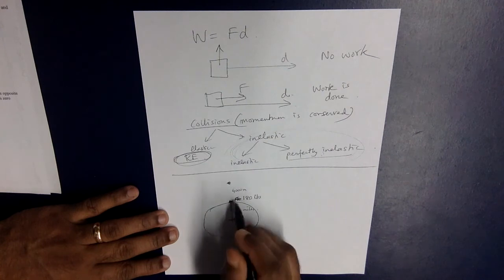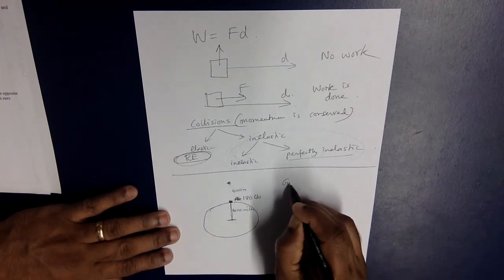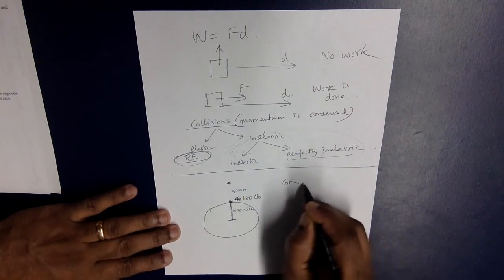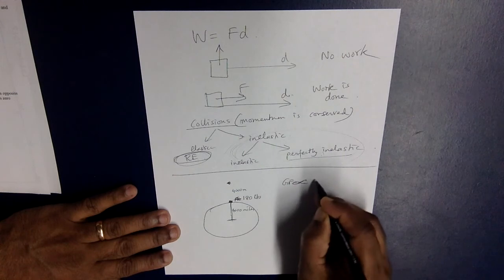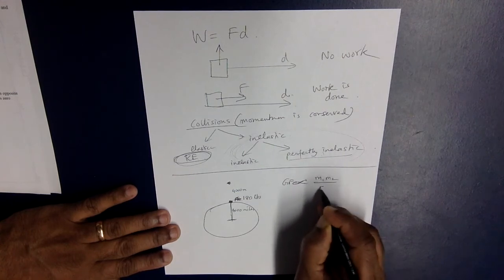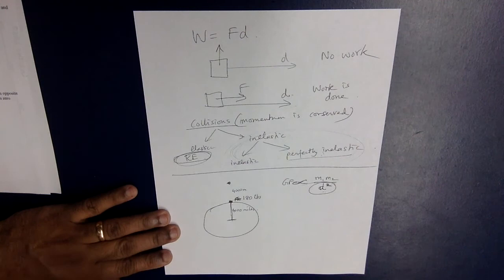When you go there, the force drops. So gravitational force, which is a weight, is proportional to the product of the masses and inversely proportional to the distance square. So this is the most important point here, the distance square.